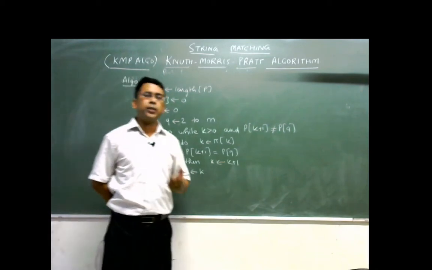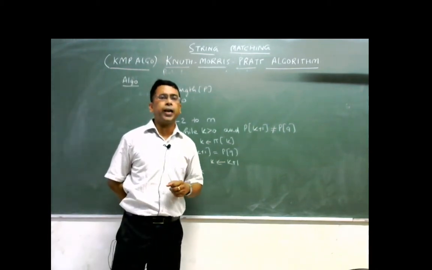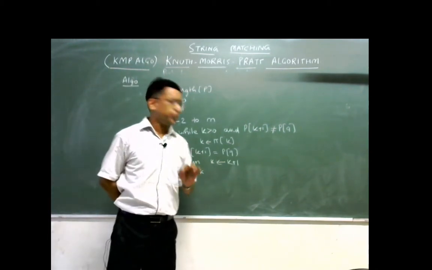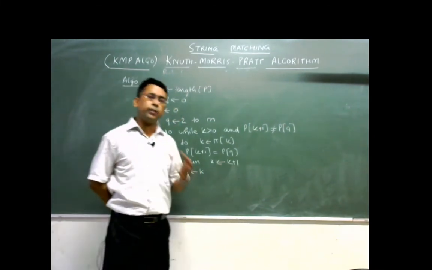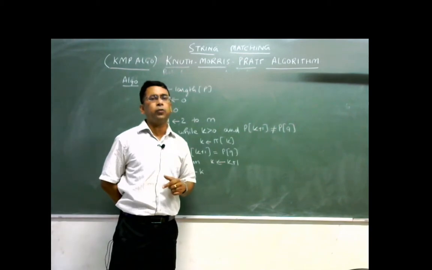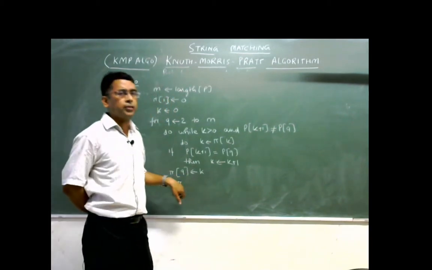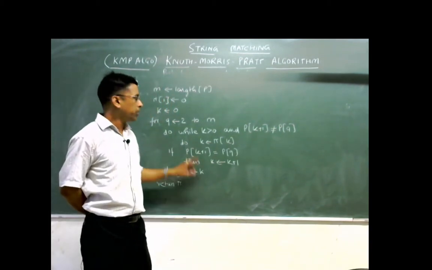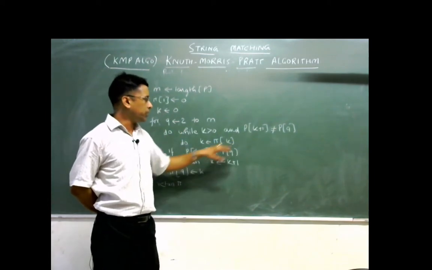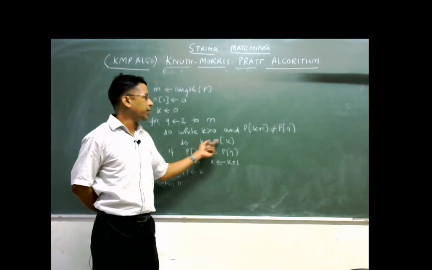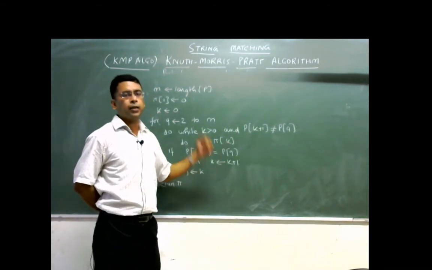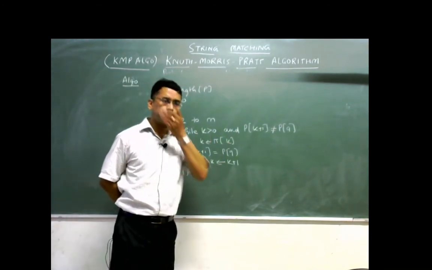So first we update the value of k, and after updating we place that value in the pi q position. The k value is updated by the condition that if there is a match, then k is increased, otherwise it is assigned the value pi k for the previous value of k.